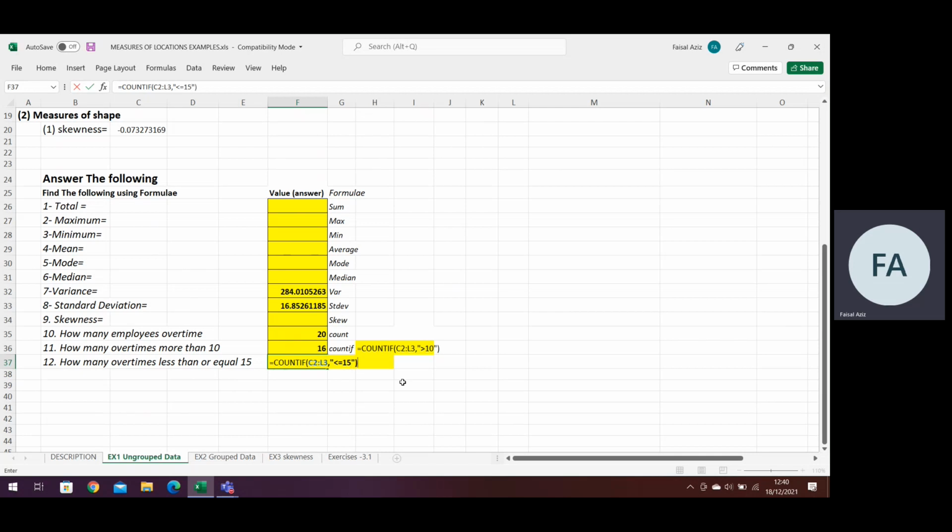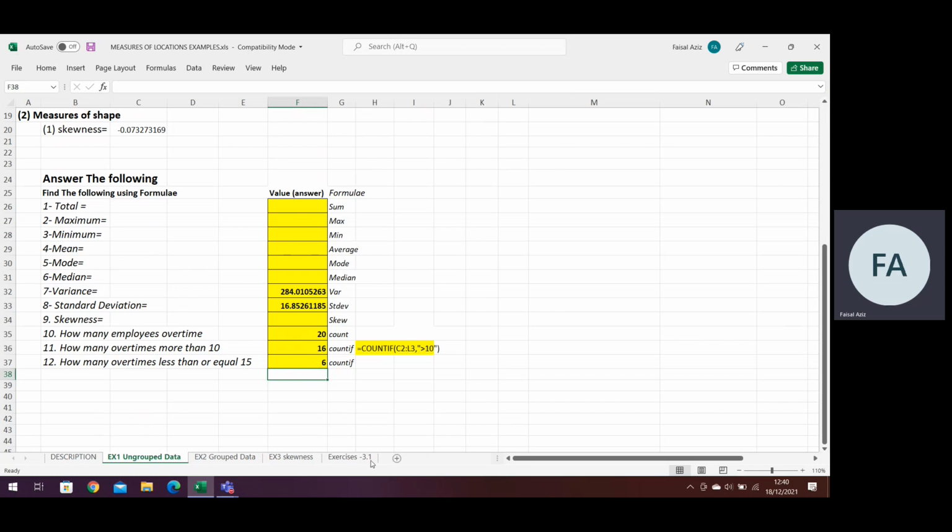So here you can select this and within inverted comma you will have to write less than or equal to 15. Click enter, you will get 6. So total observations we are having 20, and the overtime data which is more than 10 is 16, and the number of observations which are less than or equal to 15, we have 6 observations like that.